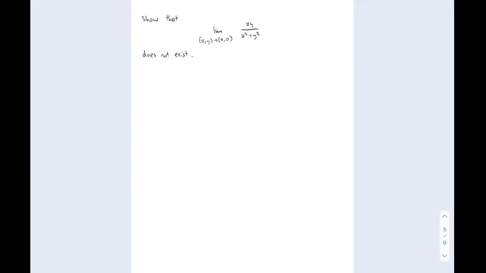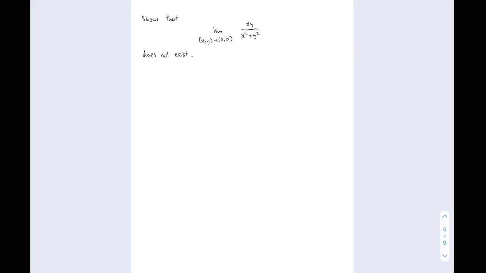Now, continuing on. The first step we have to take is to find two sequences that go to (0, 0). Now, for the sake of example, I'll be defining these two sequences, but when you do actual questions, you will have to come up with these sequences yourself.